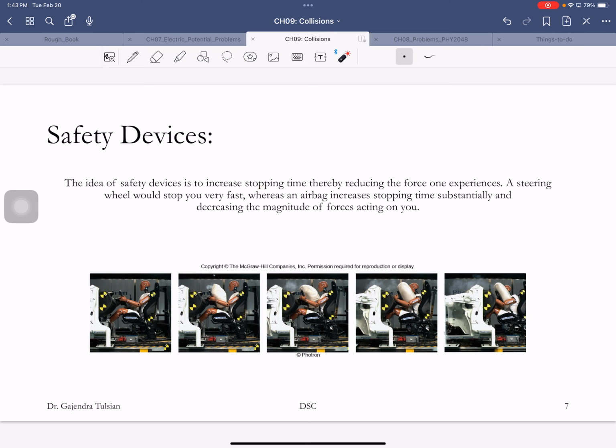If you increase stopping time, the forces acting on you are smaller, thereby reducing the force one experiences. A steering wheel would stop you very fast, whereas an airbag increases stopping time substantially.